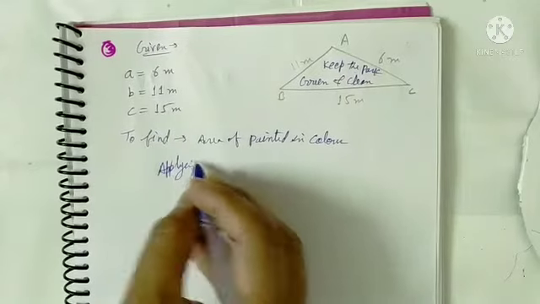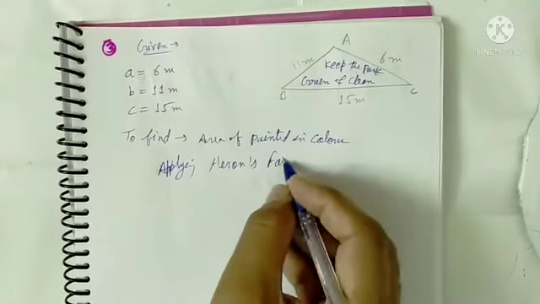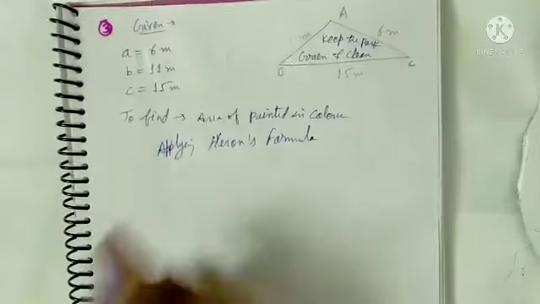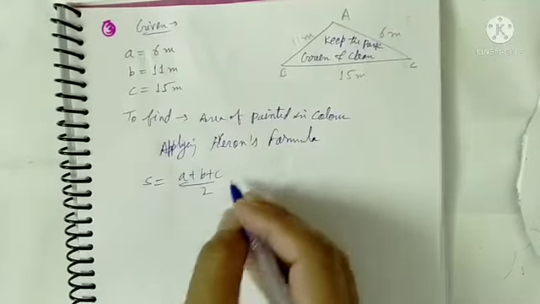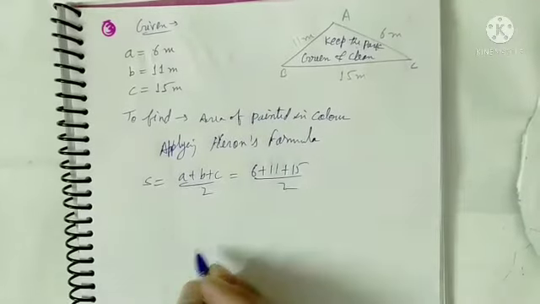Applying Heron's formula, we will calculate the area. S is equal to A plus B plus C upon 2. So S is 6 plus 11 plus 15 upon 2.